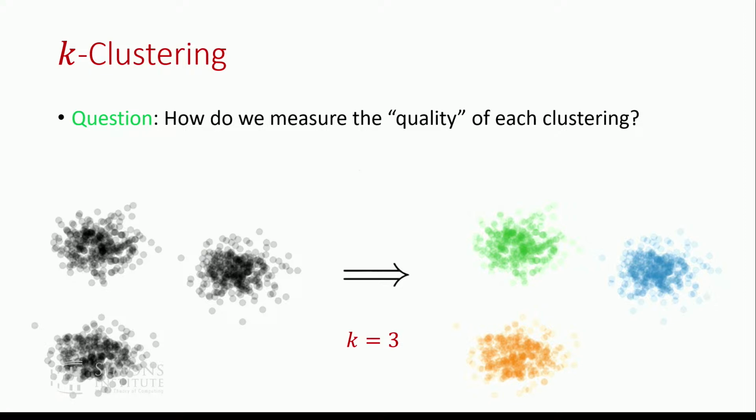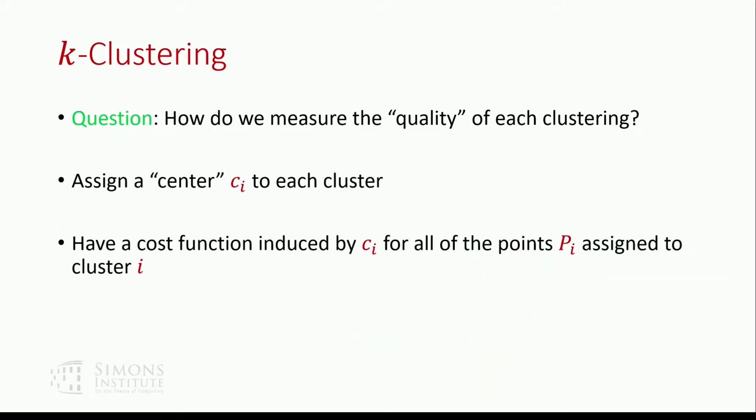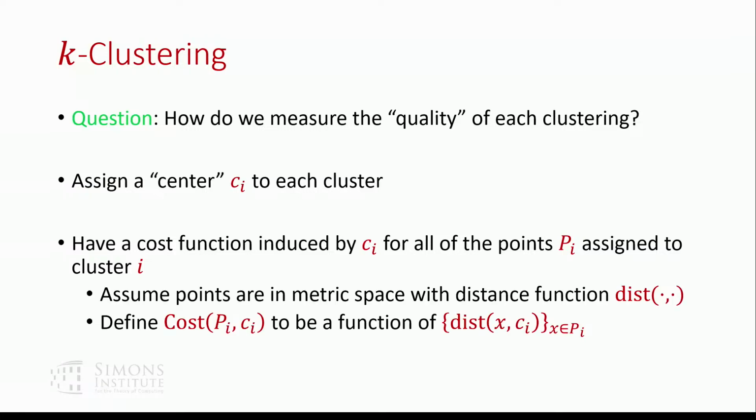There are many ways to measure the quality of a clustering. The way we're going to do it is to assign a center to each cluster in the clustering, and then we'll have a cost function induced by the center for all the points in the partition Pi that's assigned to Ci. We're going to assume in this talk that the points are living in some metric space with a distance function.